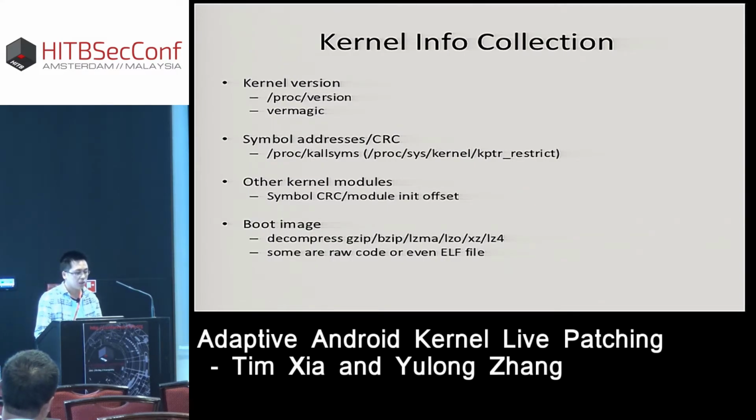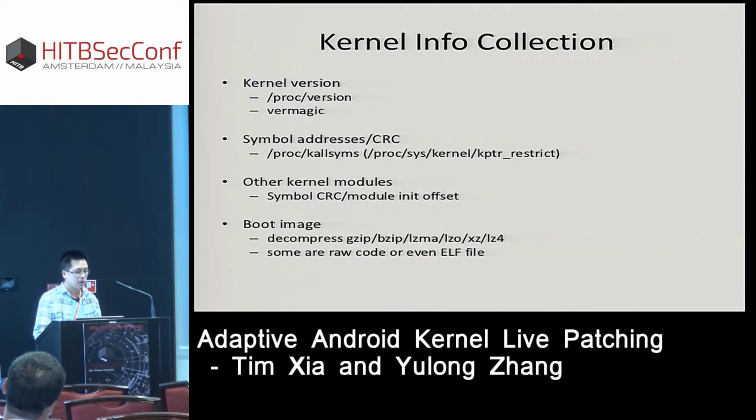Here's how we get the kernel information. Generally, we have a lot of different ways to get it, like /proc/version, /proc/kallsyms, and other kernel modules. But the best place to get all the information is the boot image, because the boot image is like a gold mine. It has every different kind of information in it. So what we do is decompress the boot image.